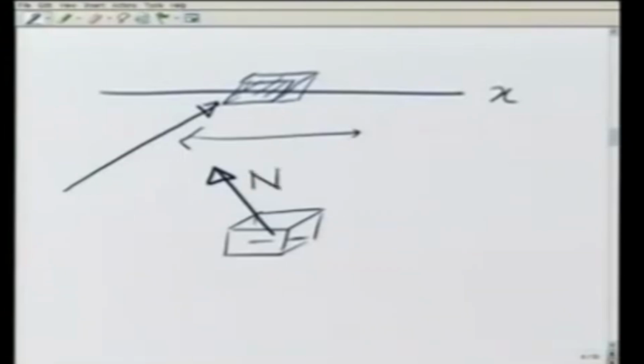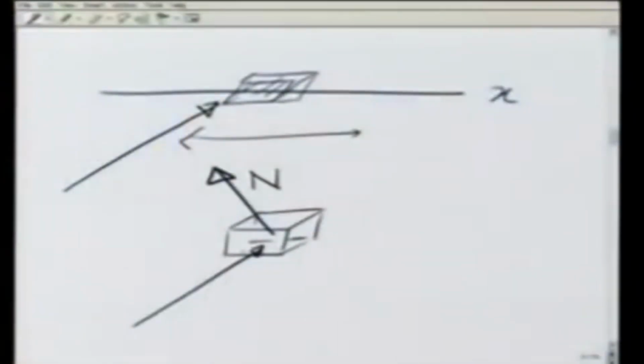what does the wire do? The wire applies a normal reaction on this body. Why does the wire apply a normal reaction on this body? Because it doesn't want it to move anywhere except along the wire. So it is this normal reaction N that is really restricting the motion of the particle along the wire.